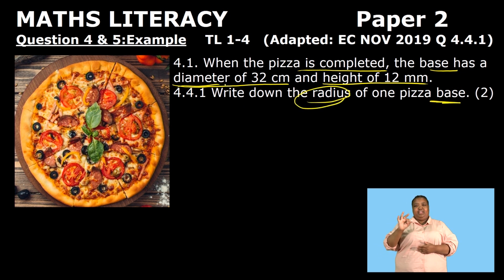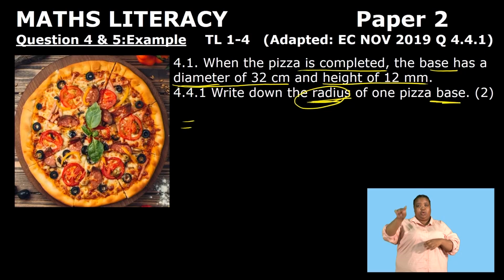So in this context, you need to understand what is a diameter and what is a radius, in order to be able to calculate the radius. So remember, a radius is the line from the center to the circumference of a circle, and the diameter could be a line that cuts a circle into half, from the circumference through the center to the circumference. Now looking at this, we must find the radius.